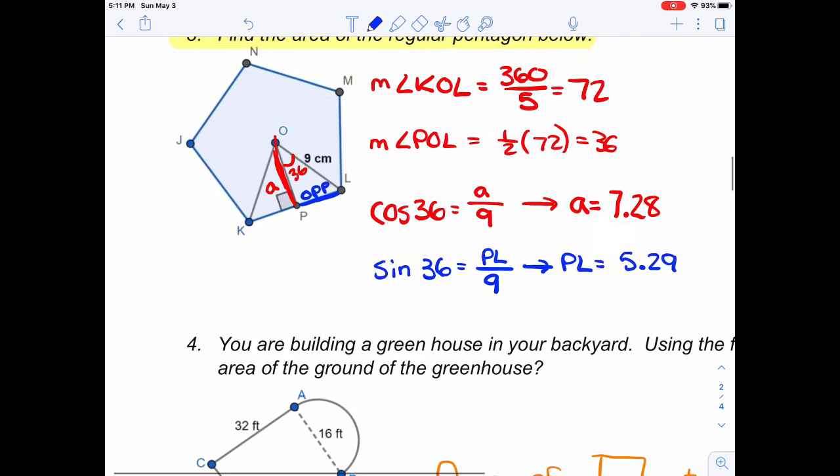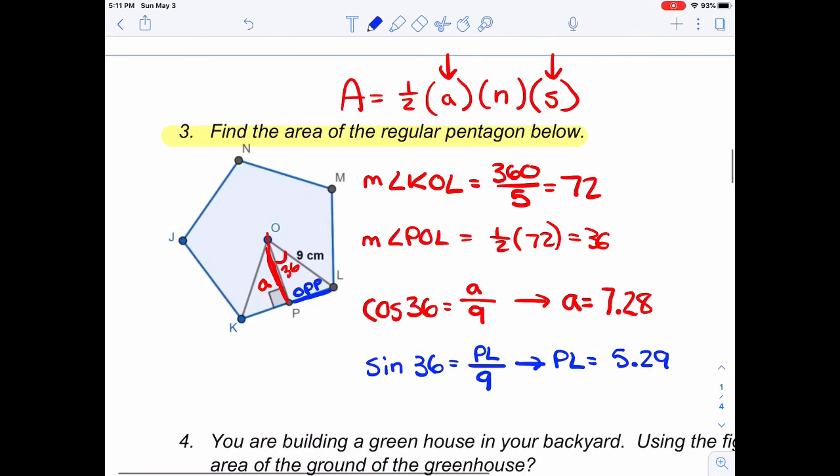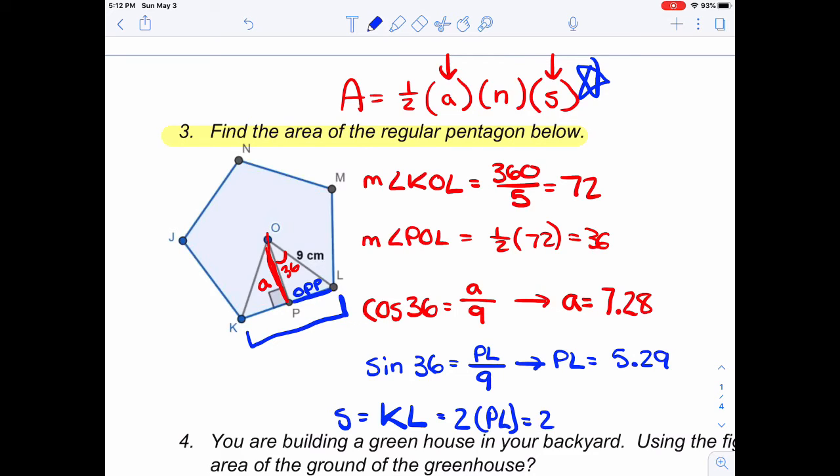Now, for my area formula up here, I need my S. But PL is not my whole side length of that shape. That's what KL is. So to find KL, or my side length here, all I have to do is double that PL that I just found. So 2 times PL, which is 2 times 5.29, and we get 10.58.